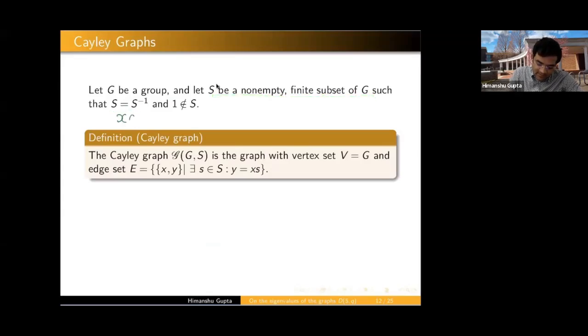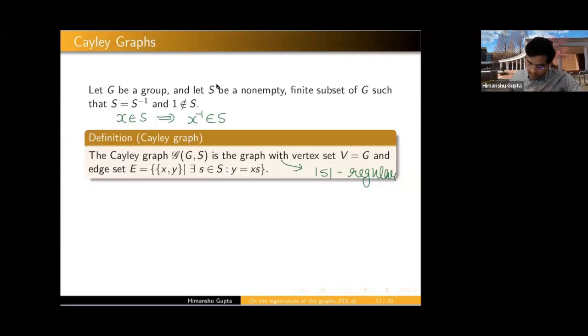Basically it means that if x is in S, then x inverse is also in S. And let's say 1, the identity of the group, is not in S. Then the Cayley graph is the graph whose vertex set is the group elements, and two group elements x and y are adjacent if there exists some element s in S such that y is equal to sx. Okay, so this Cayley graph is basically |S|-regular, and it is connected if and only if S generates the group G.